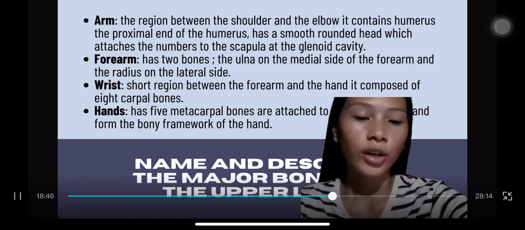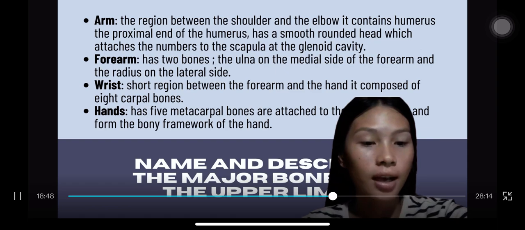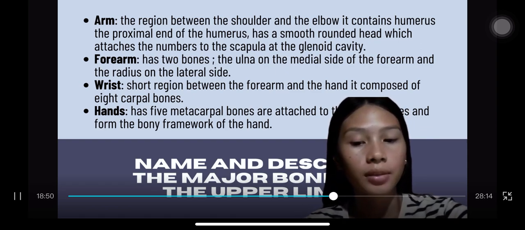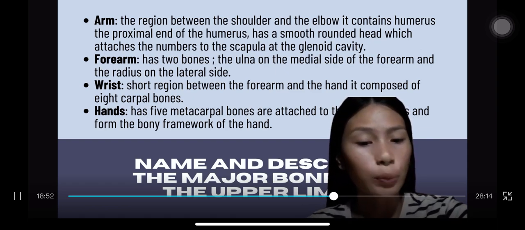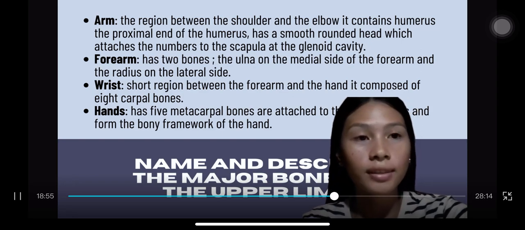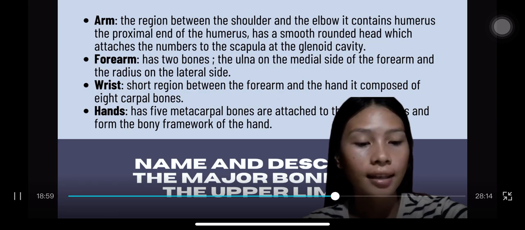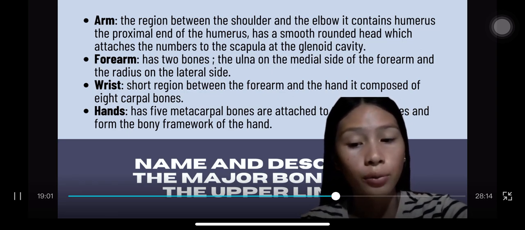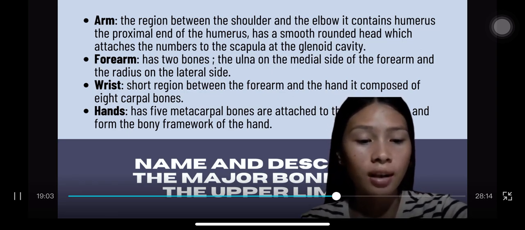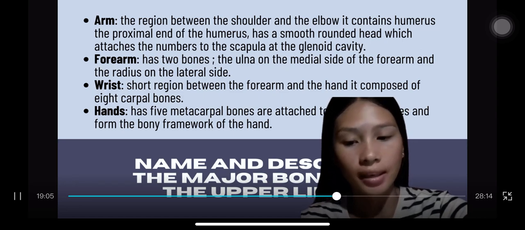I'll name and describe to you the major bones of the upper limb. The arm, the region between the shoulder and the elbow, contains the humerus. The proximal end of the humerus has a smooth rounded head which attaches the humerus to the scapula at the glenoid cavity.